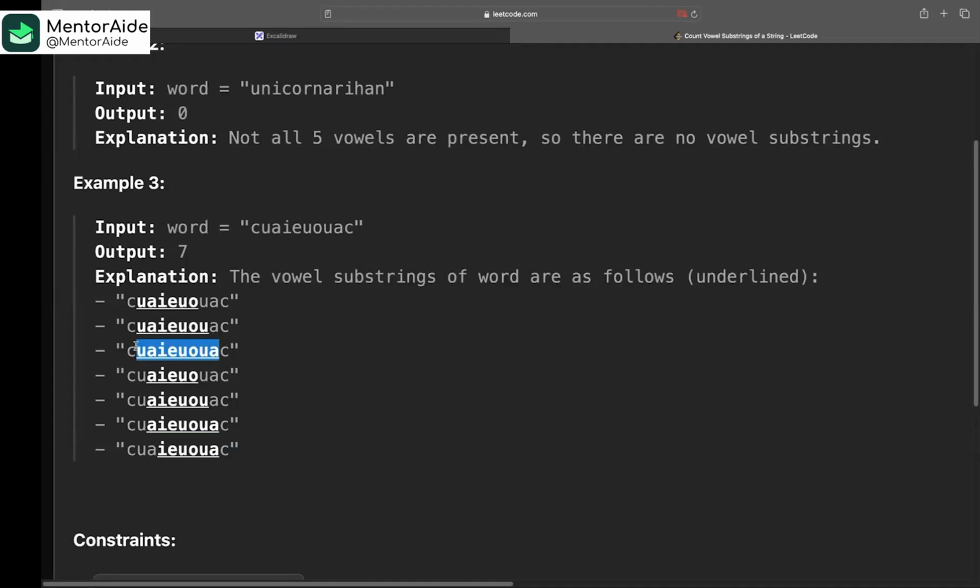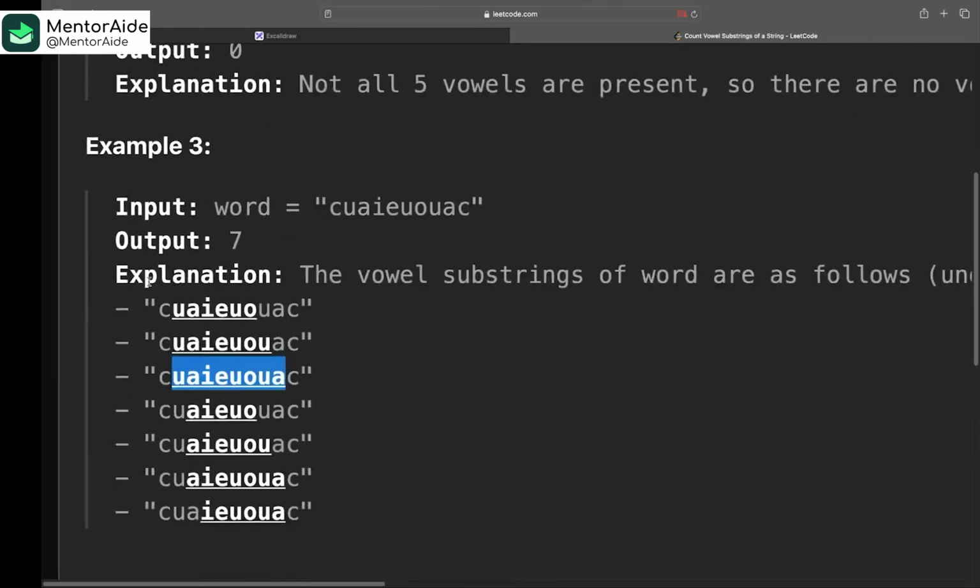So the strategy should be you keep going on and on until you hit a roadblock where you can't move on. And then only you try to shrink, and shrinking should not be only from the left side, it can be also from the right side. Let me show you how.